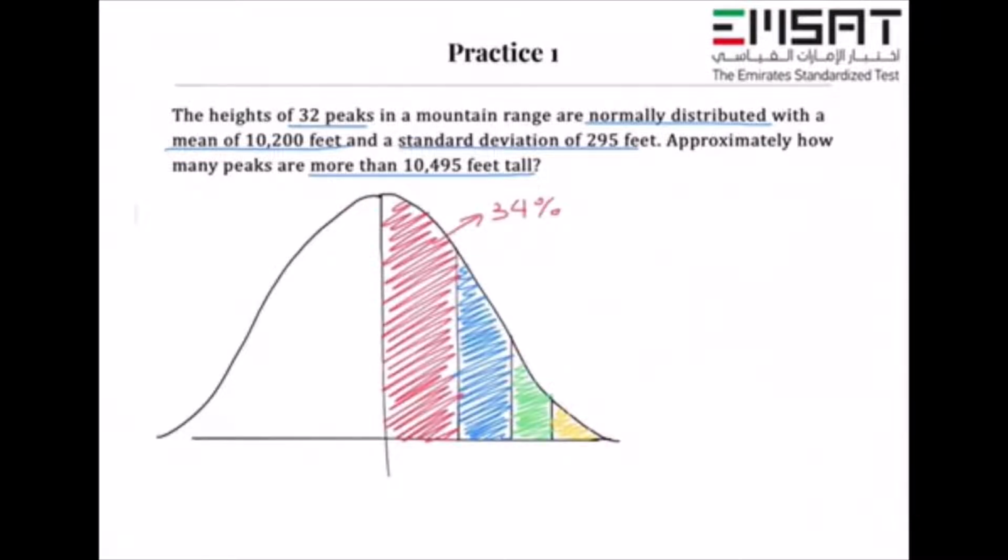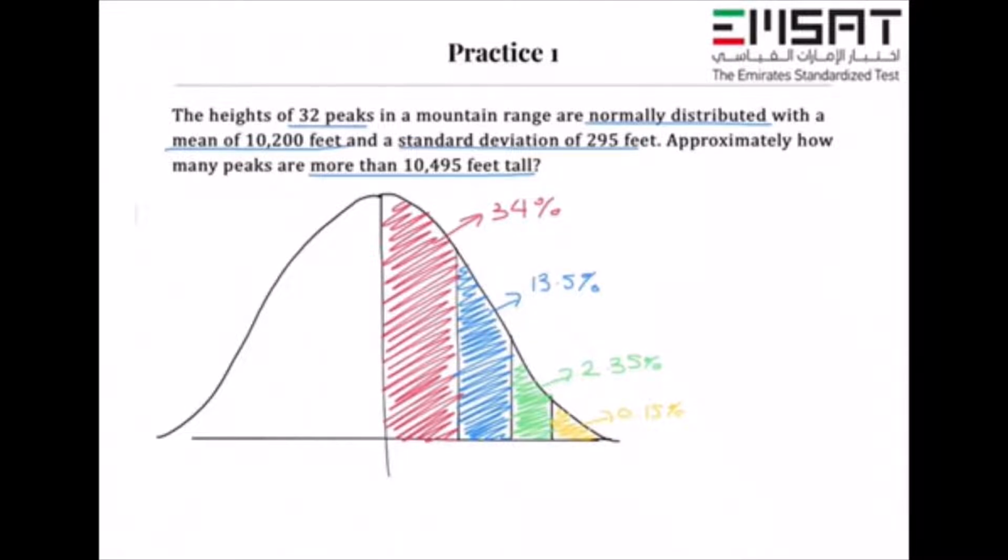In order to solve this question, we need to draw our normal distribution graph and label the percentages. After labeling and writing all of our percentages for each section, we are going to move on with calculating what is more than 10,495 feet tall.